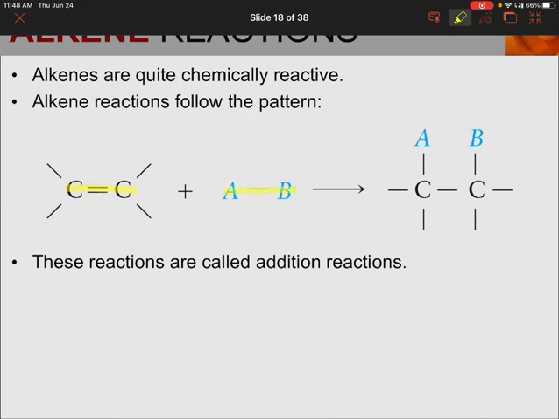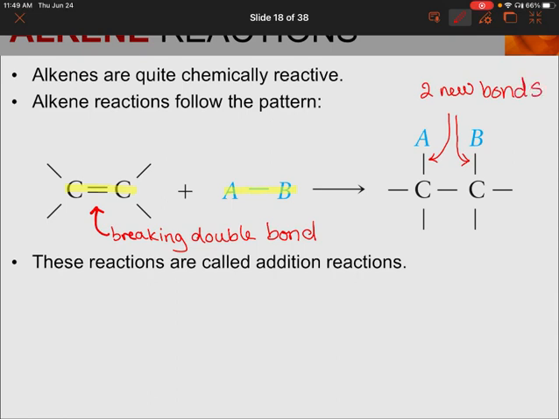So what we're doing is we're breaking the pi bond, so that double bond, and then we're going to create 2 new bonds, one with A and one with B. So A goes on 1 carbon, B goes on the other carbon. They don't add to the same carbon.